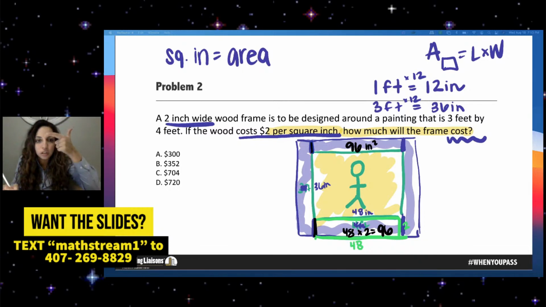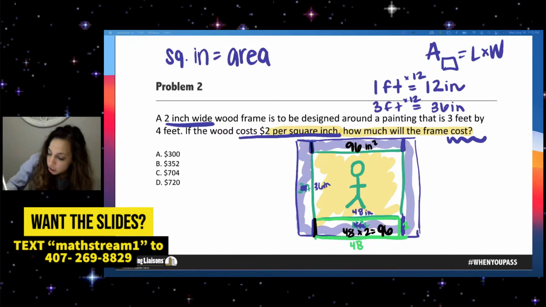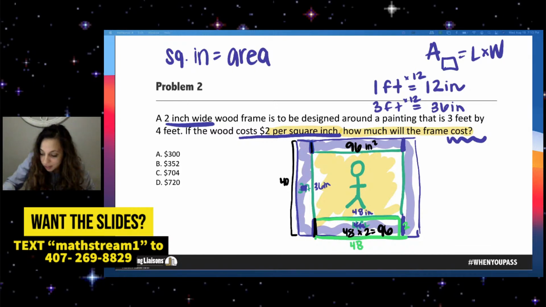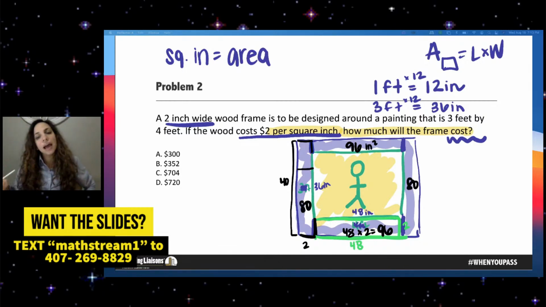36, 37, 38, 39, 40. So my length is actually going to be 40, which is this whole thing. And then my width is still 2, because this or this or this, doesn't matter where you look, is going to be 2. 40 times 2 is 80. And 80. Why didn't I add that amount to the other rectangle?